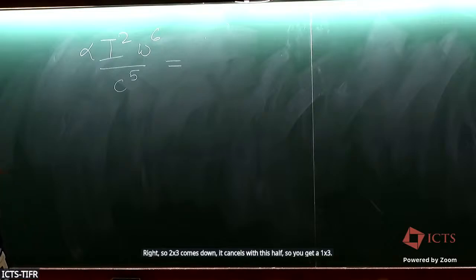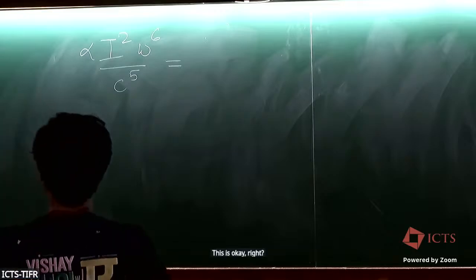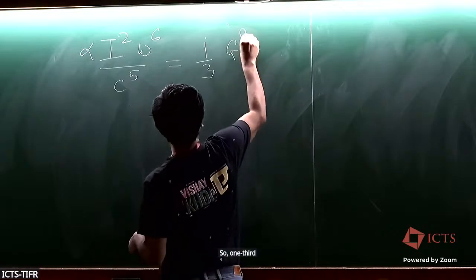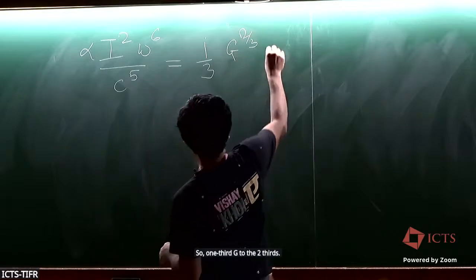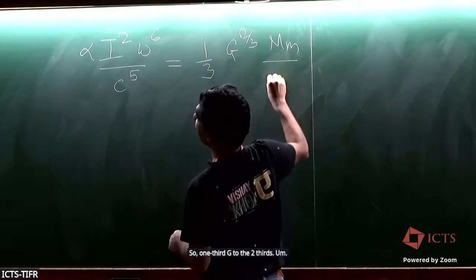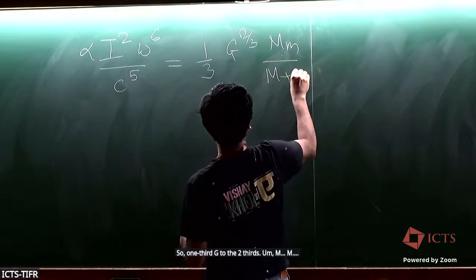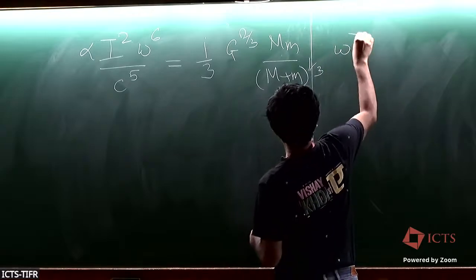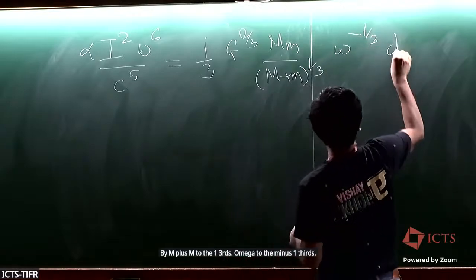G to the 2/3 remains as it is, the mass terms remain as it is. This becomes omega to the minus 1/3 d omega by dt. This is okay, right? So we can start from this expression. So 1/3 G to the 2/3 mM by m plus M to the 1/3 omega to the minus 1/3 and d omega by dt.